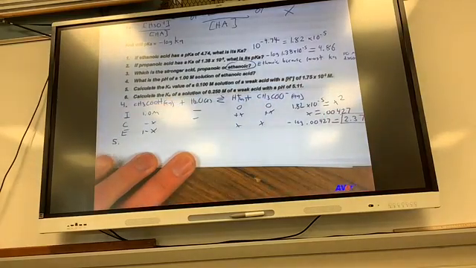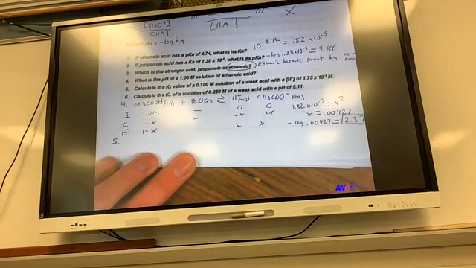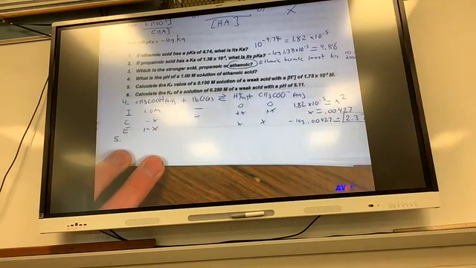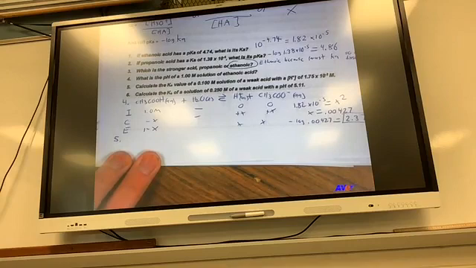Calculate the Ka value of a 0.1 molar solution of a weak acid with an H plus of 1.75 times 10 to the negative third. So, first thing, how would you guys start this? I need to solve for Ka, so I want to write my Ka expression.